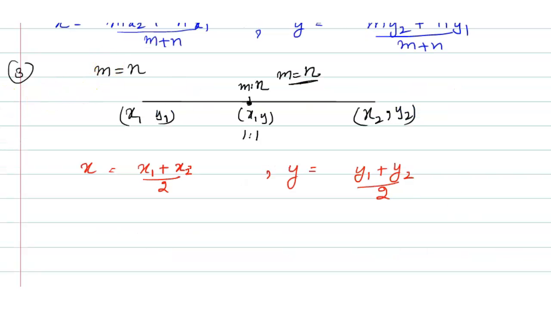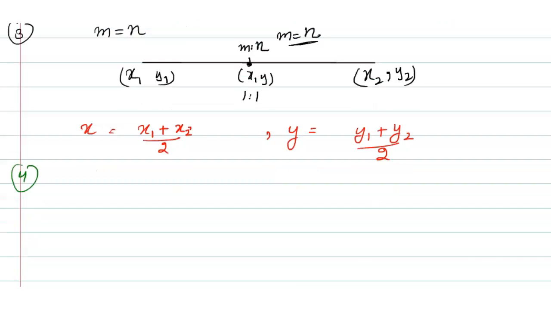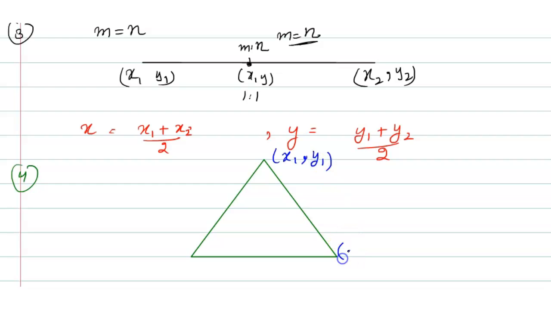Now next, finding the area of a triangle whose vertices are given. First we will draw a triangle, and the given vertices are x1, y1, x2, y2 and x3, y3.